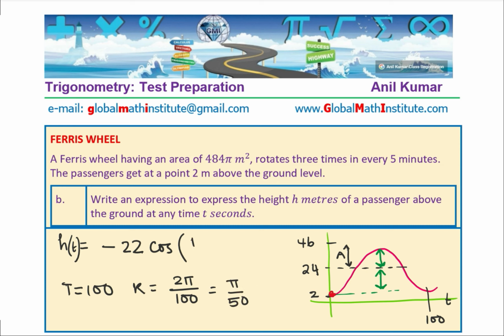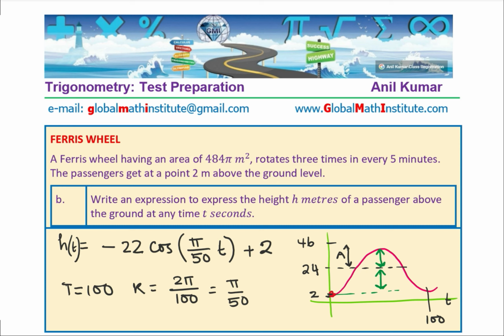So we get the expression for k, pi by 50. Since we have already considered the phase shift as starting from negative, there is no phase shift with this formula now, right? And the variable is time t, and it starts 2 units above the ground.